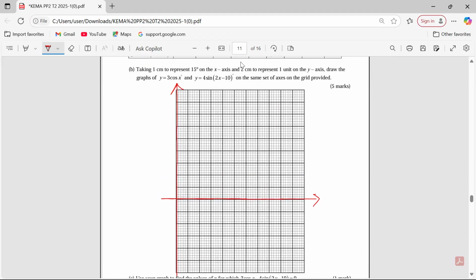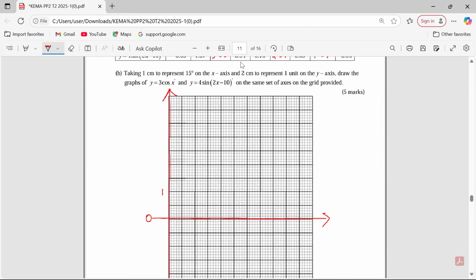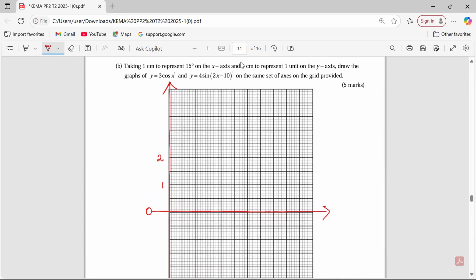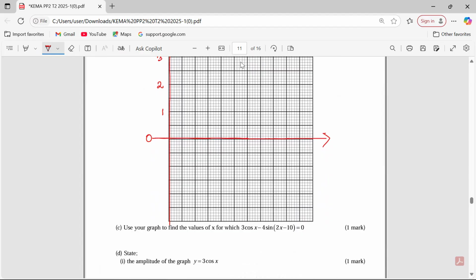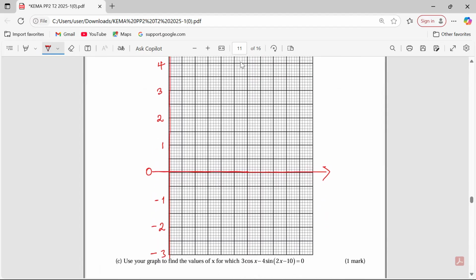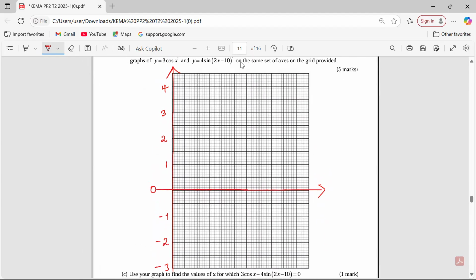From 0, we go to 0.5, then 1. So 2 centimeters for 1 unit, 2 centimeters, another unit, and so on. Then on the lower axis, we also do the same. Now the vertical axis is well labeled.